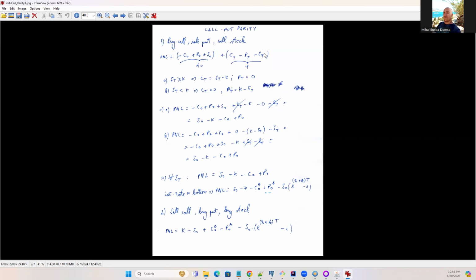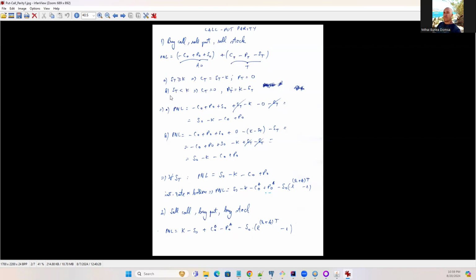Sold the stock at the beginning, buy it back at the end, minus. Now, depending on where the stock is at the end, above the option strike or below the option strike, the call and put could have different values. So it has these values for above strike and these for below.